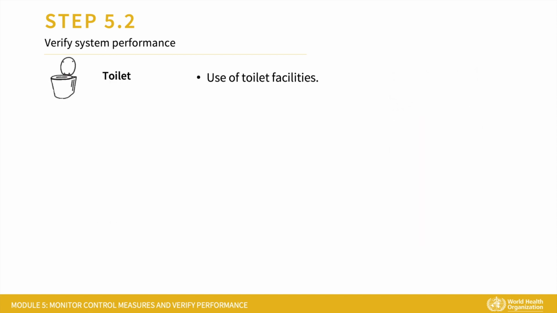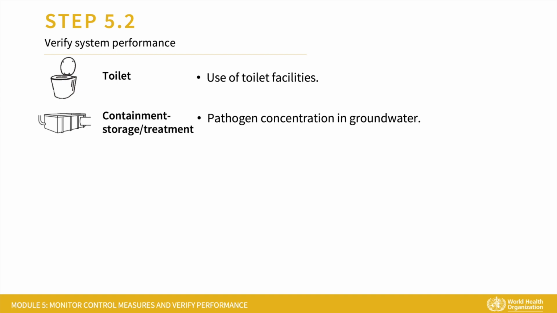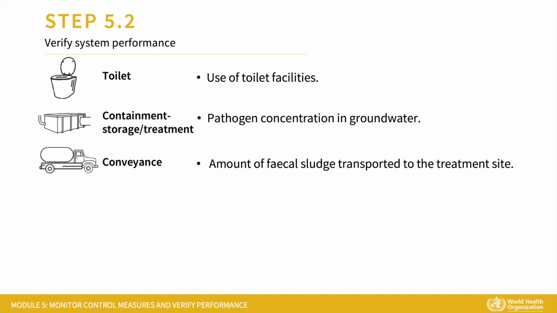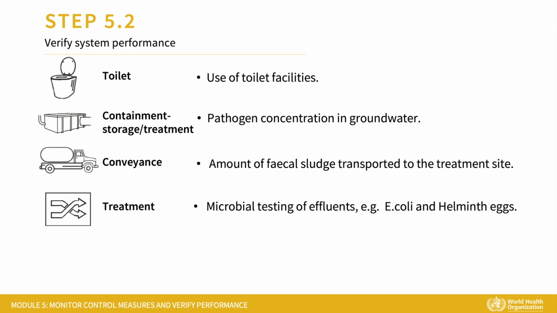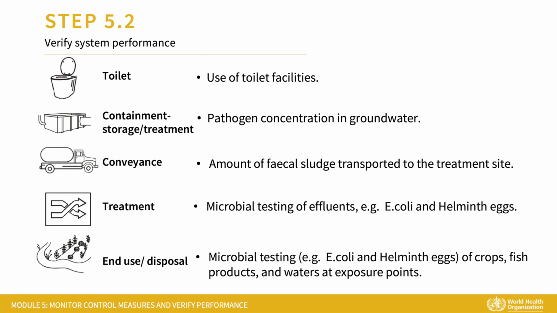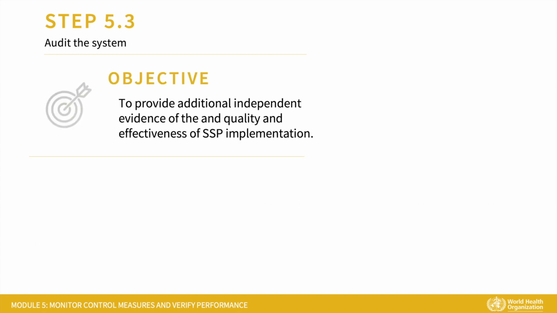Verification data may include for toilets, use of toilet facilities, for containment, storage and treatment, pathogen concentration in groundwater, conveyance, amount of fecal sludge transported to the treatment site, treatment, microbial testing of effluents, for example E. coli and helminth eggs, and end-use disposal, microbial testing such as E. coli and helminth eggs of crops, fish products and waters at exposure points.